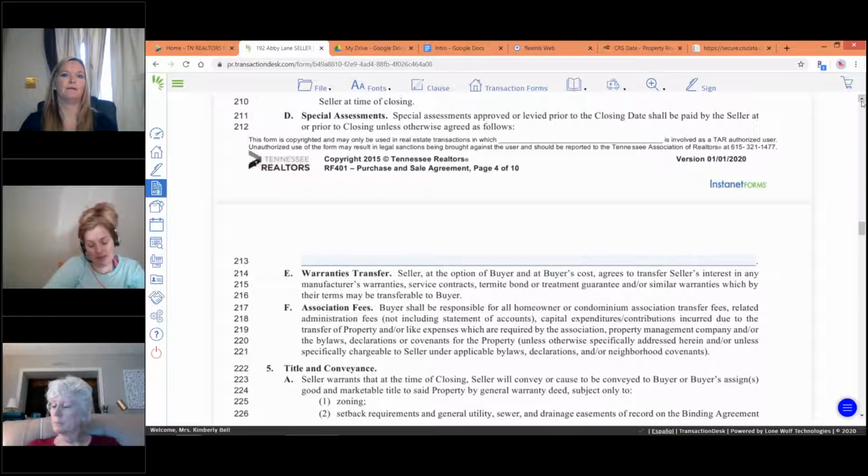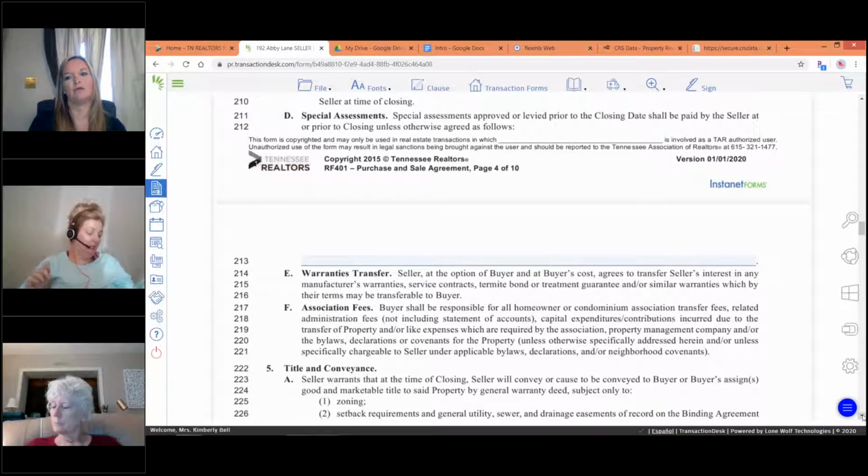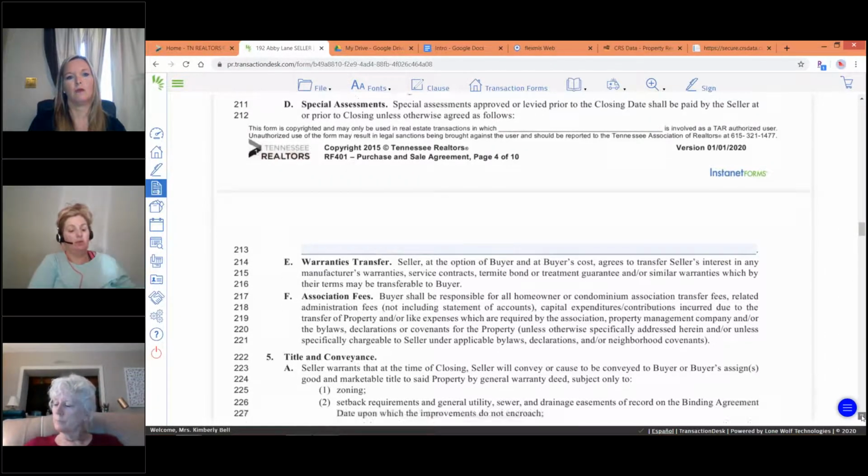So that's basically saying the seller needs to pay all that. Correct. Now, they could do something that's agreed upon in writing below on line 213, but usually you want them to pay it off. If they don't have the money to pay the $2,400, then you need to figure something out and try to be flexible there.